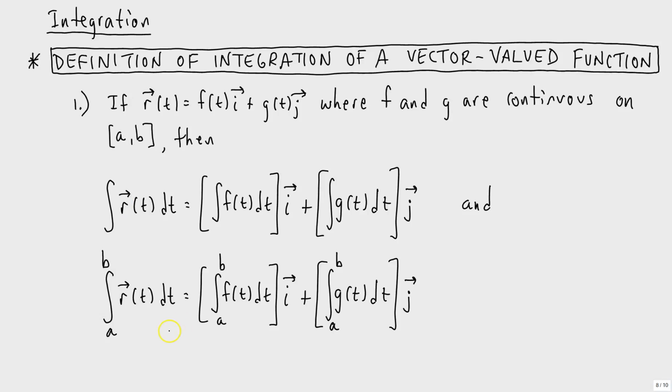And if it was a definite integral, then if you want a to b of that vector valued function, you just do a to b of function f, a to b of function g, and those will be the components that we need for the definite integral a to b of the whole vector valued function itself.